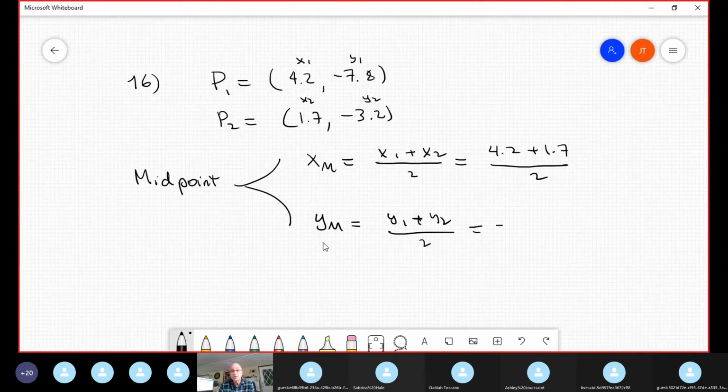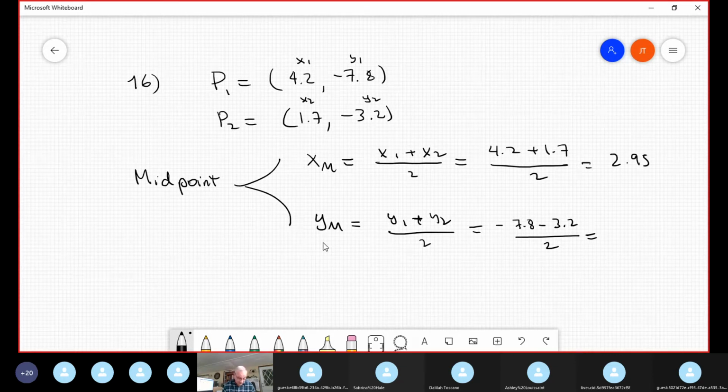This is plus, but it's minus: your substitution is negative 7.8 plus negative 3.2, divided by 2. Of course, I put it in my calculator: 4.2 plus 1.7 is 5.9, divided by 2 is 2.95.